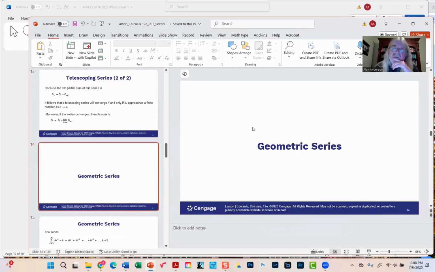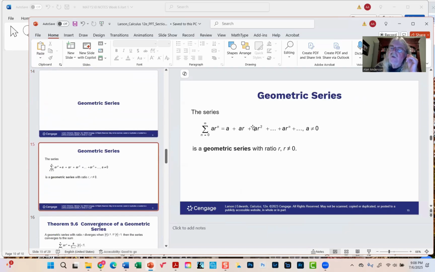Now, geometric series are different in the sense that you're multiplying each of the terms by a constant ratio.